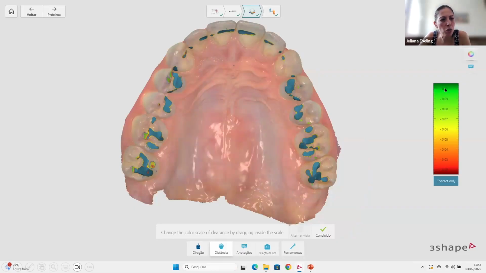This scale comes in 2 millimeters, and I can adjust this scale for 100 microns, okay? And then I have the contacts that are in blue, and the red ones are contacts that happen within 30 microns of distance. So what I will consider is until 200 microns, okay?